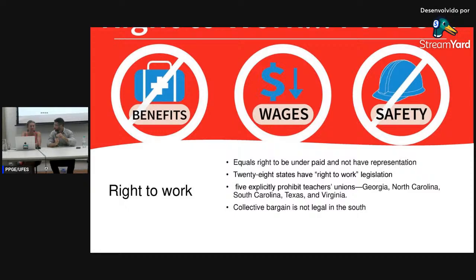So I think conditions are getting poor enough that it's a cycle sometimes, right? And that teachers are going to threaten to strike again in North Carolina.